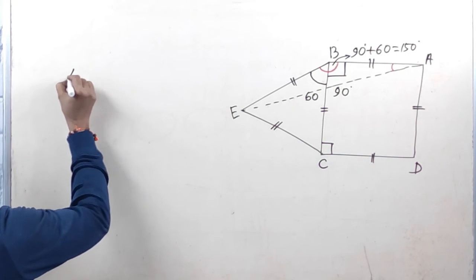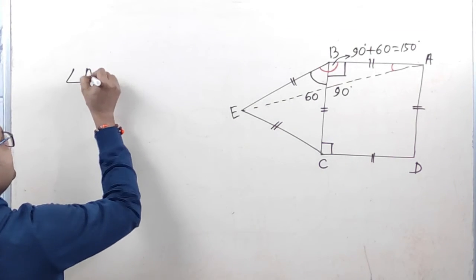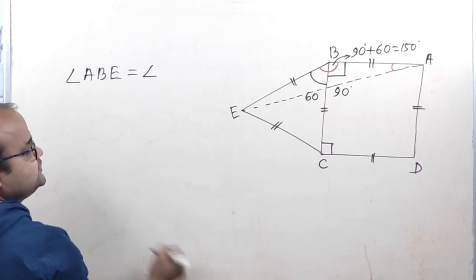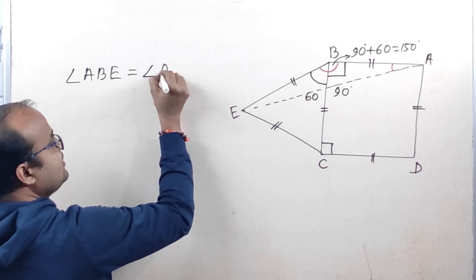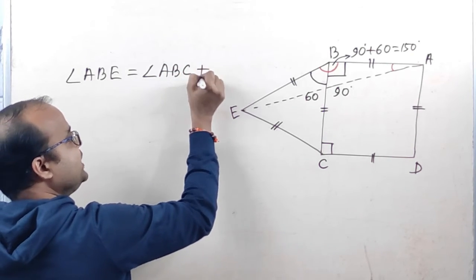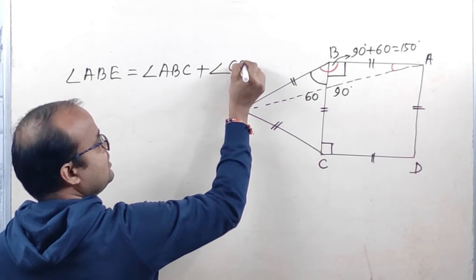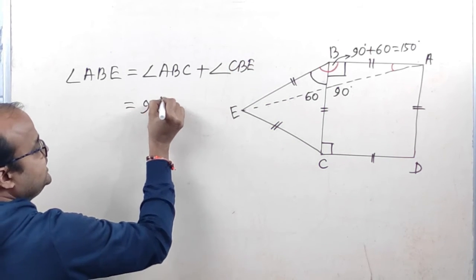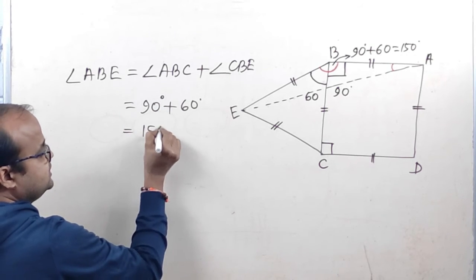We can say that angle ABE is equal to the sum of angle ABC plus angle CBE, equals 90 plus 60 equals 150 degrees.